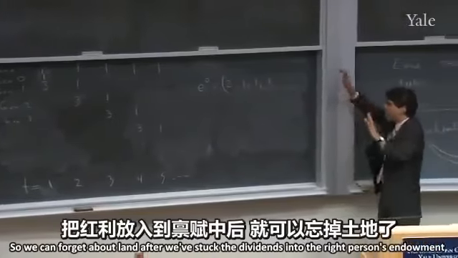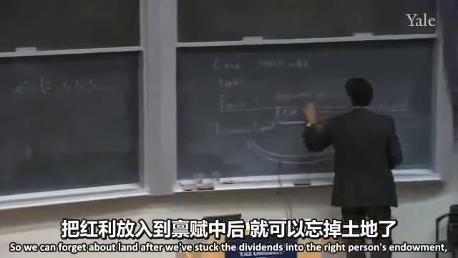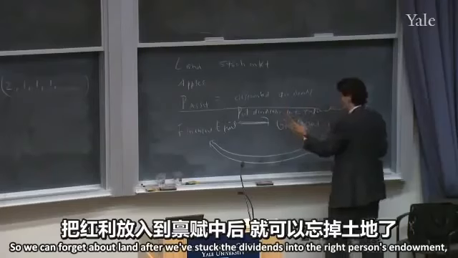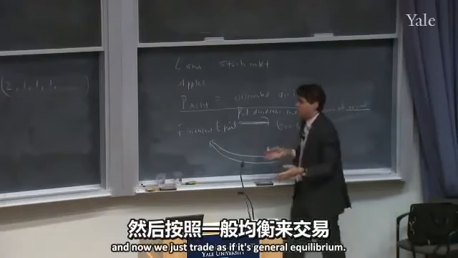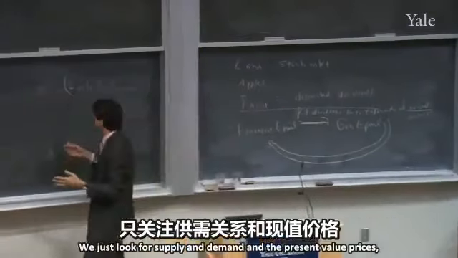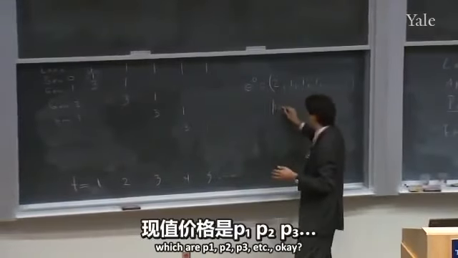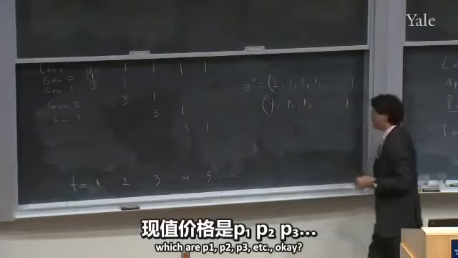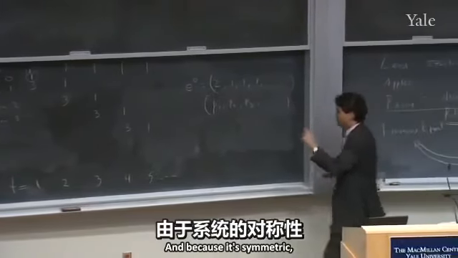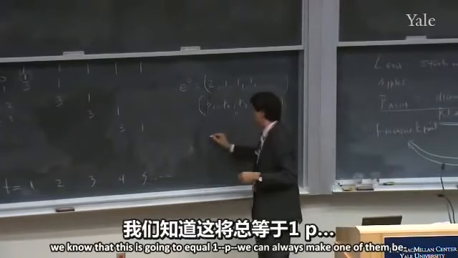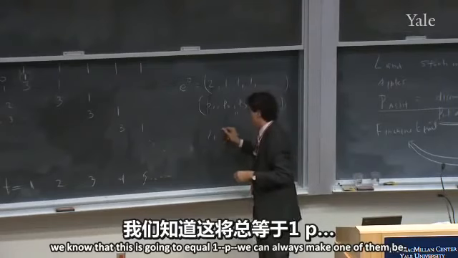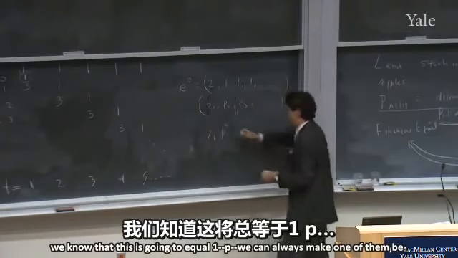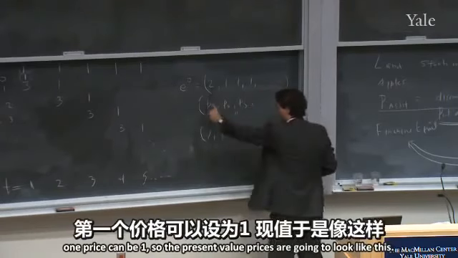Okay, so we can forget about land after we've stuck the dividends into the right person's endowment, and now we just trade as if it's general equilibrium. We just look for supply and demand and the present value prices, which are P1, P2, P3, etc. Because it's symmetric, we know that this is going to equal 1, P. We can always make one price be 1.